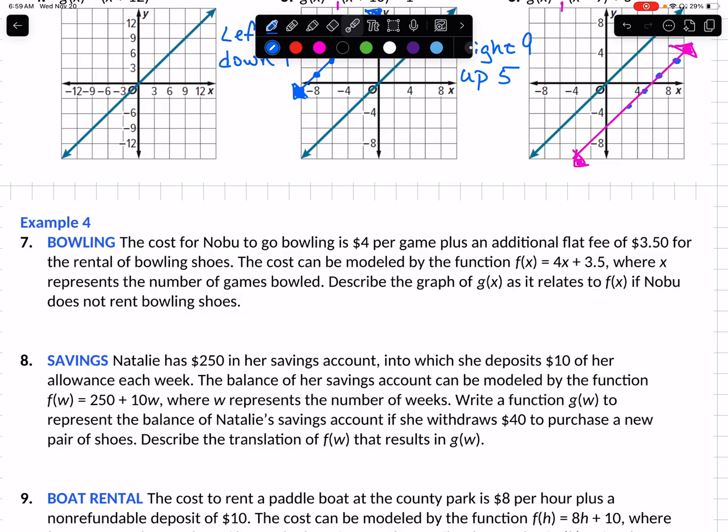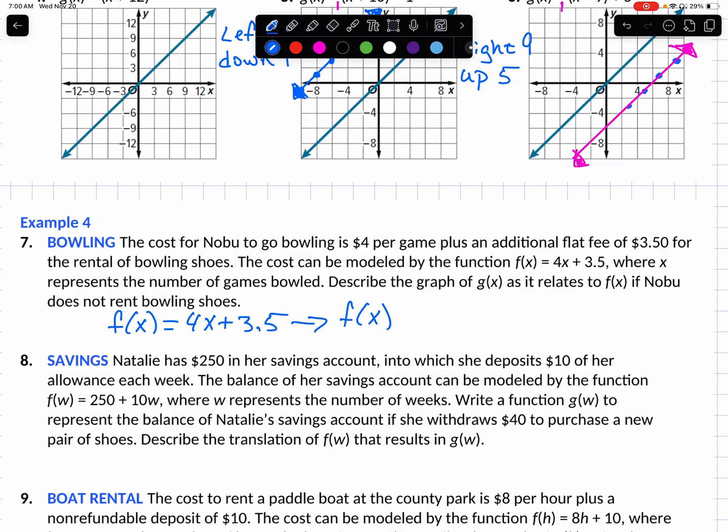So if we do not rent the bowling shoes, what happens is this part of the function goes away. So if we look at this, the function with the bowling shoes looks like this. But they want to say how the graph changes if we don't have the bowling shoes.